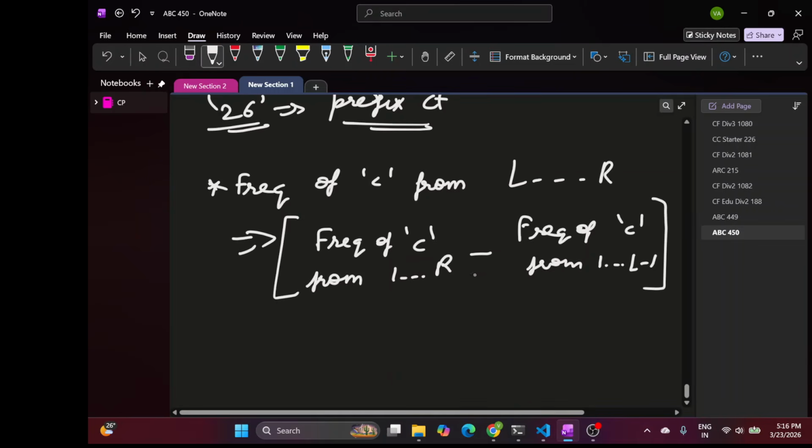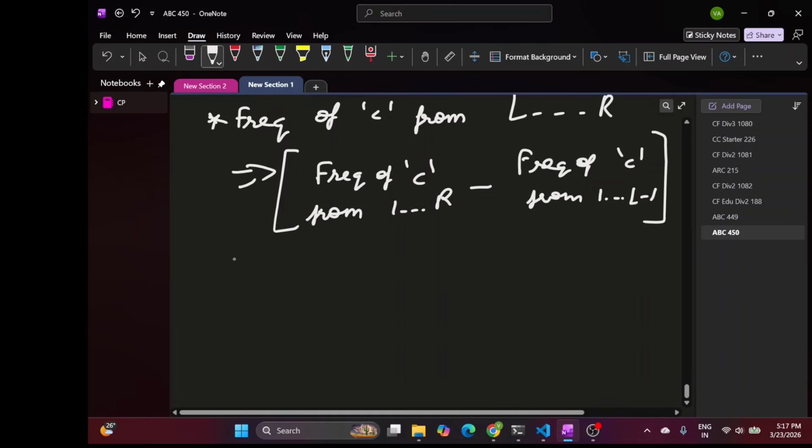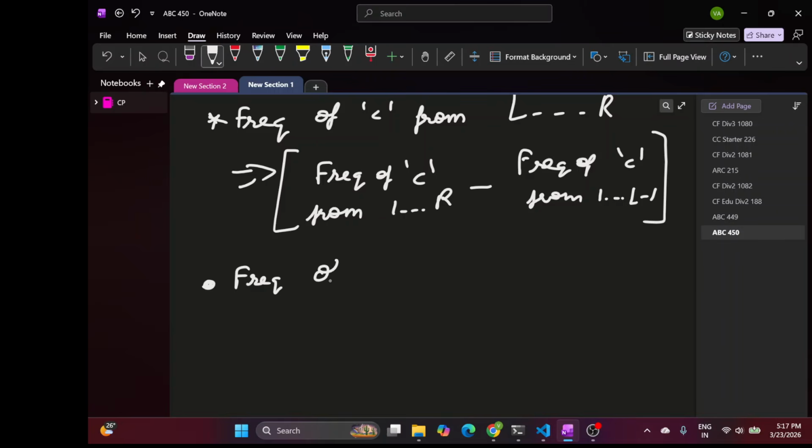And once we have formed some function to find the frequency from 1 to x, we can just calculate both of these values and subtract them. So now our main issue is how do we find the frequency of C from 1 to x, right? This is our problem.